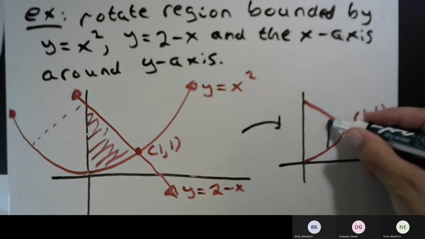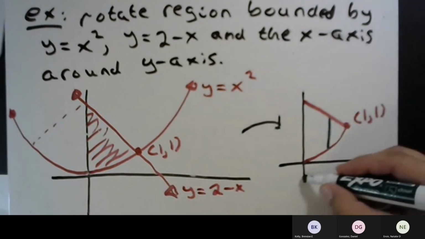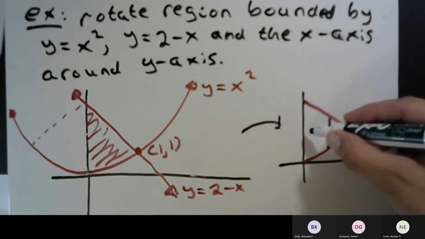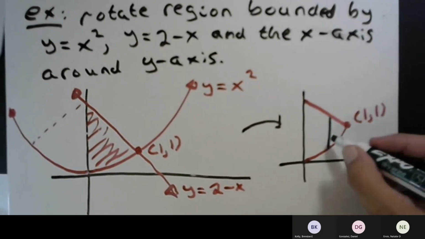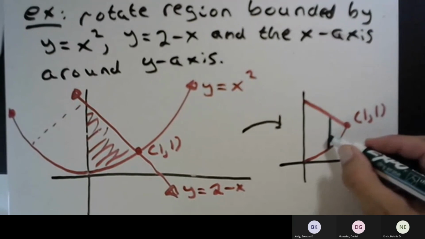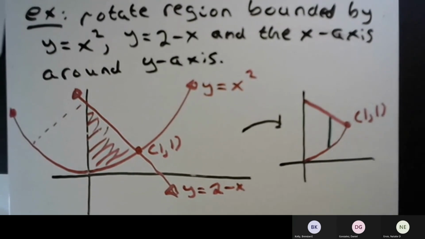And so what we're going to do is draw that line parallel to the axis of rotation. The axis of rotation is the y-axis, so we're going to draw a line that's parallel. This here is going to tell us the height of our cylinder.